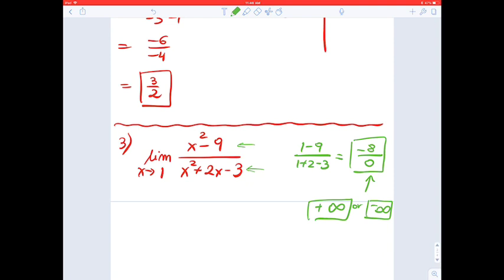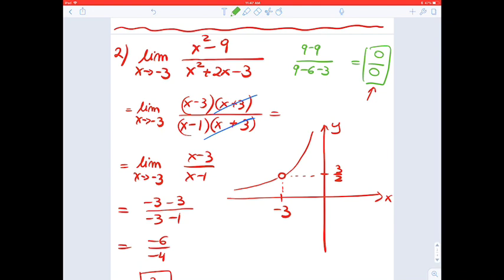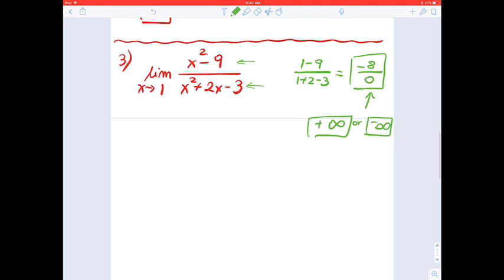A finite number like -8 over 0 is definitely not 0, okay? And definitely not a finite number, because right away I have the information that there is no common factor. I can't find a common factor that will be cancelled out. They might have a common factor, but not at 1, because we actually know from the previous one that there exists a common factor, x plus 3, but not at 1.